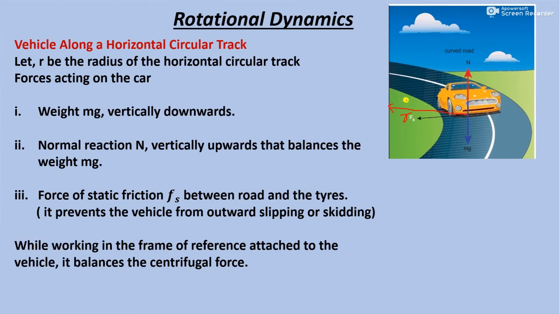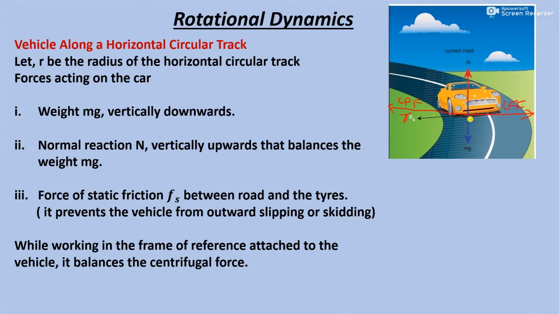So this is the centripetal force, and the equal and opposite force which acts outward is the centrifugal force. So these are the two forces responsible for the circular motion of any object.